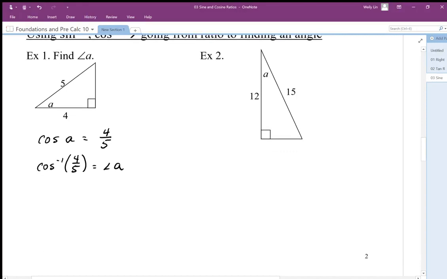And I need to use my calculator because my calculator has this function. So I do second cosine of 4 divided by 5, and that's going to give me an angle value of 36.869, so I'm going to round that to 36.87 degrees. So this angle is about 36.87 degrees. If this is the length of 4 and this is the length of 5.